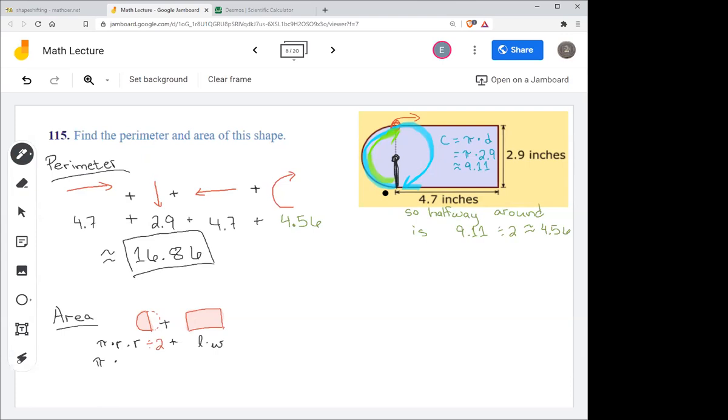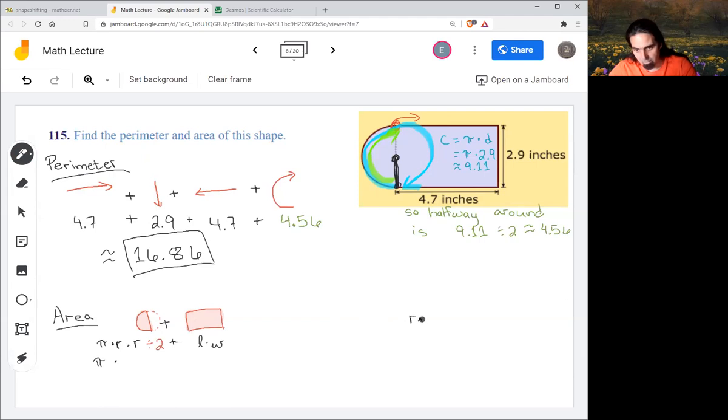Would it be 1.45? Yeah. So radius is 2.9. That's the diameter, and then divided by 2. So 1.45. I'm going to run out of space.